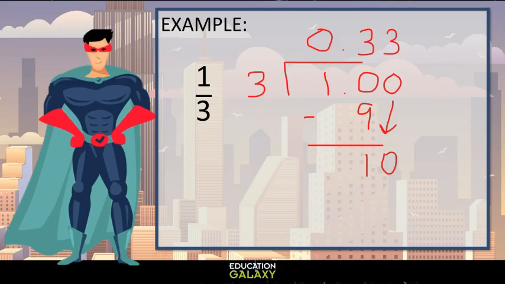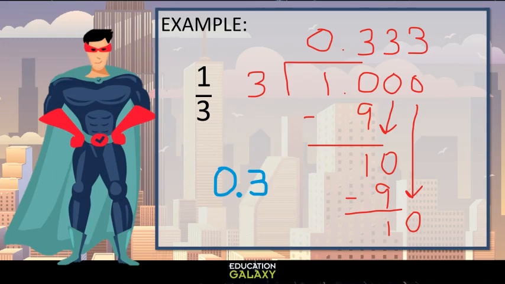That gives us 3, which equals 9. And with a remainder of 1 again. Drop down another 0, and this could go on forever. So we get 0 wholes and 3 repeating in the decimal. And bam! I can write it like this with a bar above the 3 showing it's repeating. And there we have our answer.